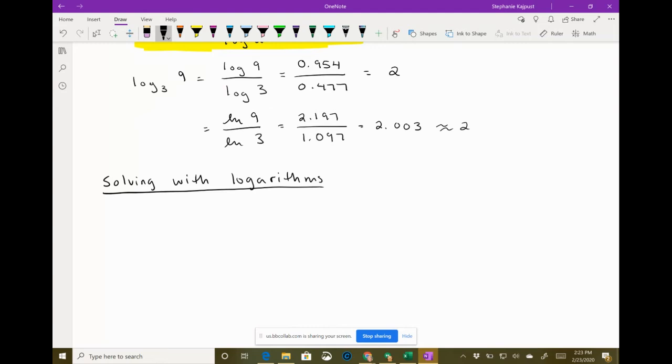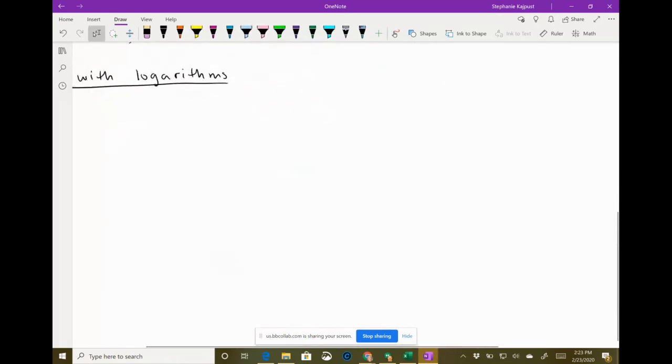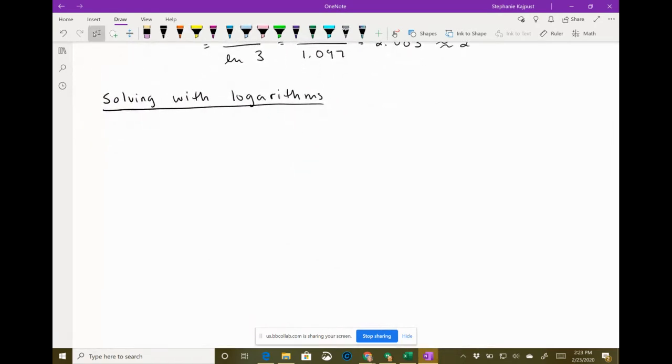We can take an exponential equation and use a logarithm to solve, or you have something with logarithms and you kind of undo it. So I'm going to start with a basic equation. Let's say you have something like 4 to the x equals 500. So I don't know what power 4 to what power gives me 500.